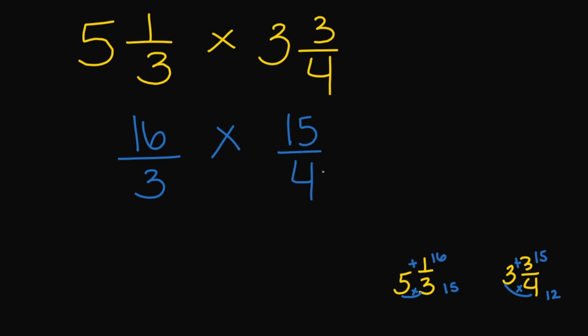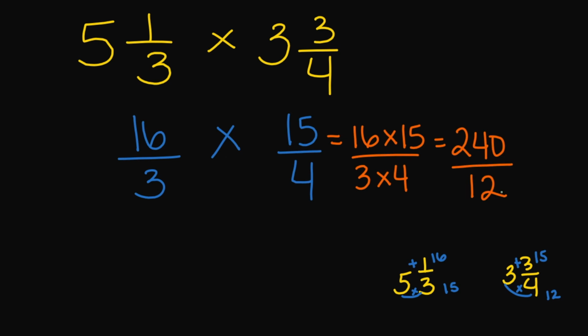Now I'm going to multiply across 16 times 15 in my numerator, and then 3 times 4 in my denominator. 16 times 15 is going to be 240, and then 3 times 4 is going to equal 12. I can simplify this because 240 divided by 12 is going to equal 20.